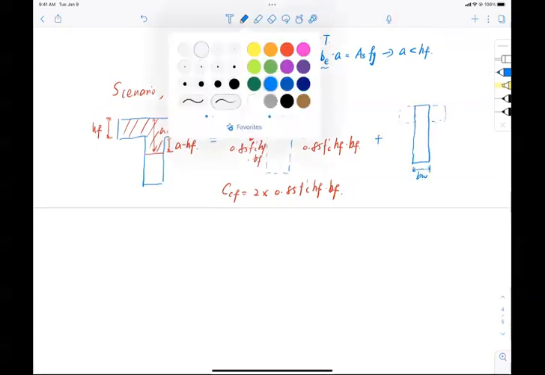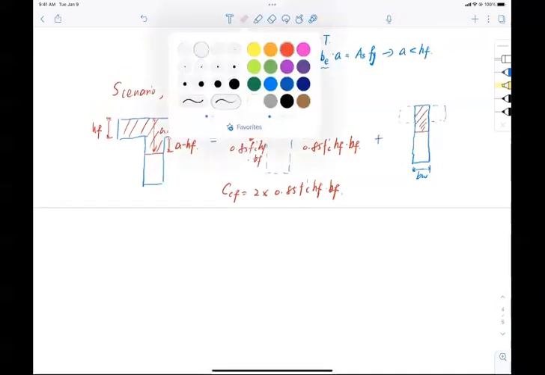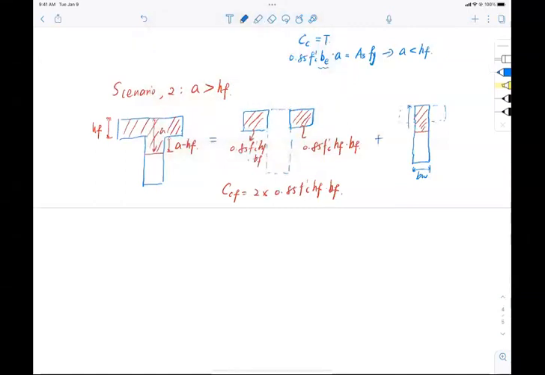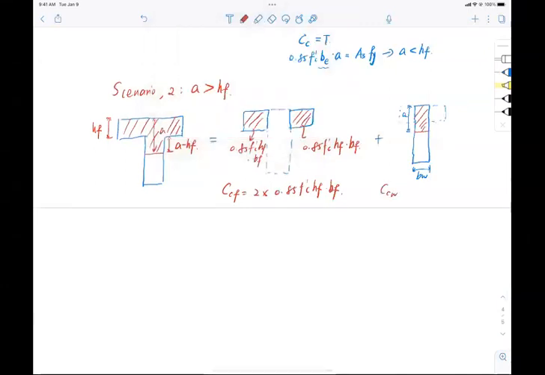Now the shaded area right here is my a. So my compression force from the web, Ccw, would equal 0.85 f prime c a bw.